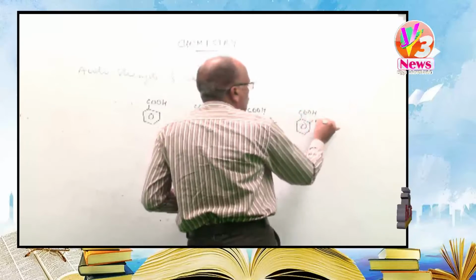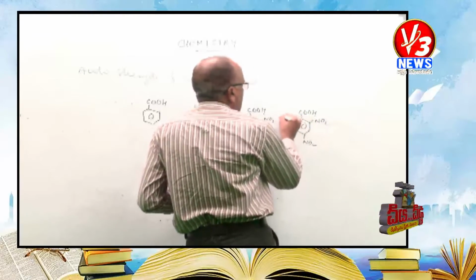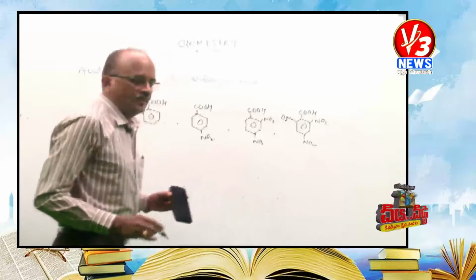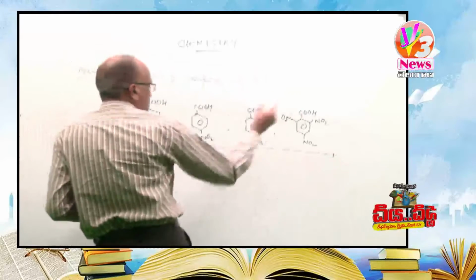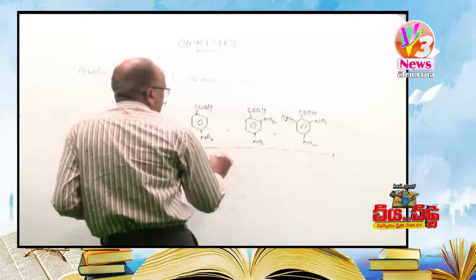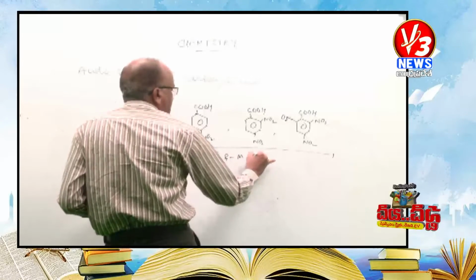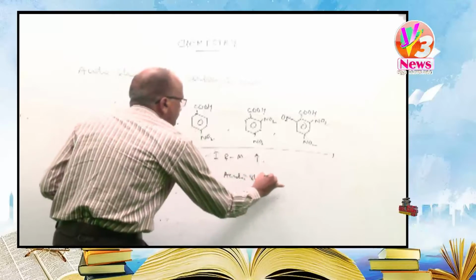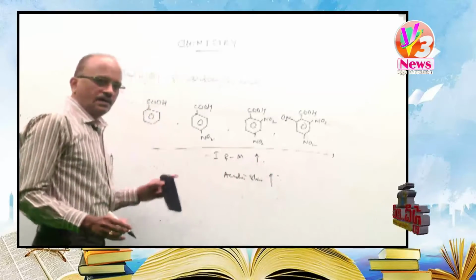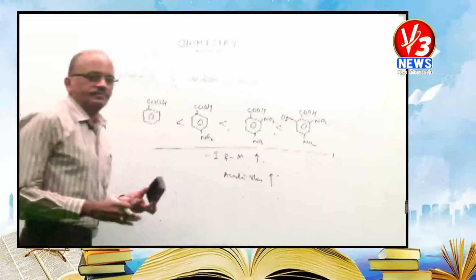What is the nature of NO2 groups? The NO2 group shows minus I and also minus M effect. Minus I and minus M increase acidic strength. So as minus I and minus M increase, acidic strength also increases. Understood? So this is the acidic strength order.